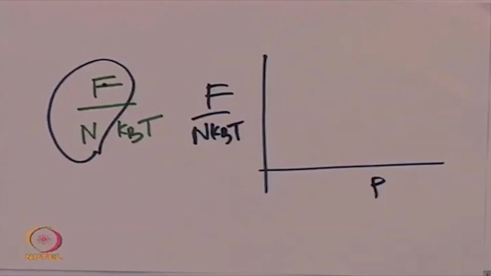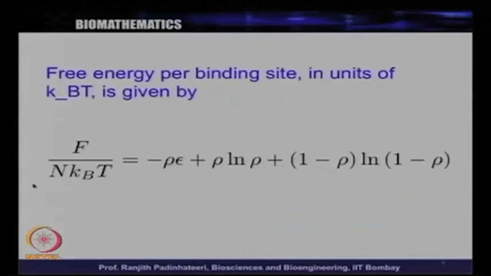If you write f by n kBt, what you get is minus rho epsilon plus rho log rho plus 1 minus rho log 1 minus rho. So, this is the free energy per binding site in units of kBt.